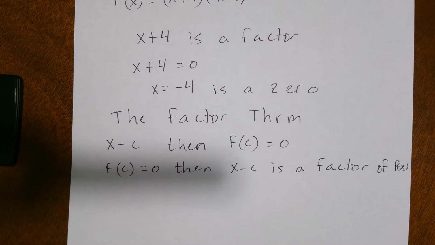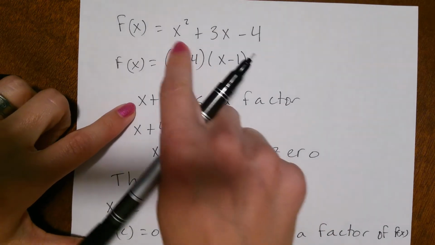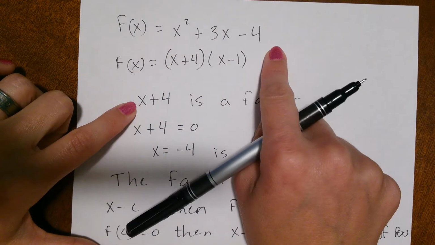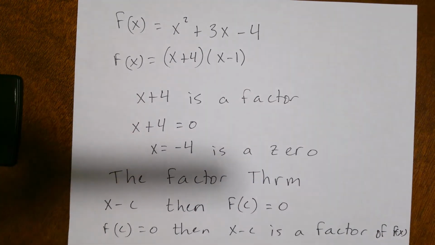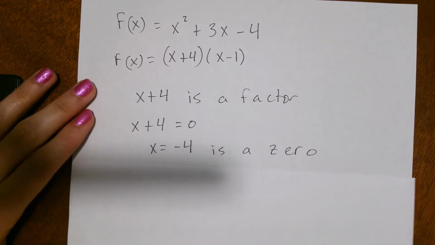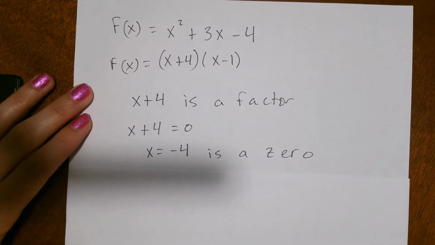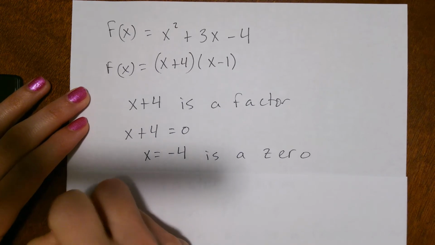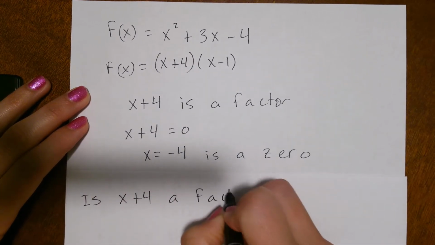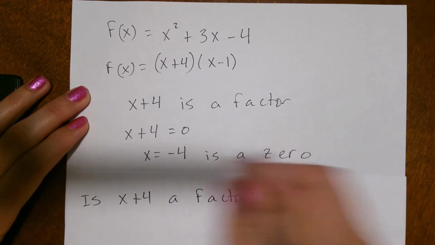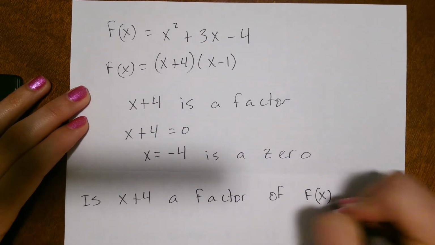So we already know that x plus 4 is a factor of this quadratic. Let's pretend for a second we didn't, and I wanted to know, is x plus 4 a factor of f of x?